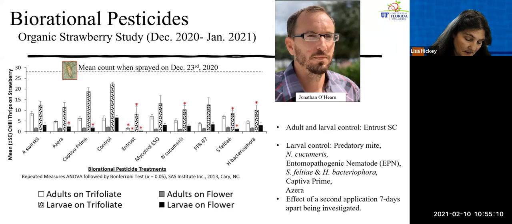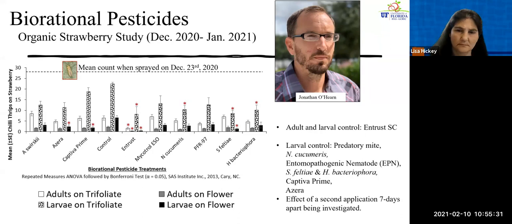As we all know, December has been a cold month, and so has January, and cucumeris tends to be a better suited predatory mite species compared to swirskii under such cold climate. Another promising biorational pesticide was the entomopathogenic nematode product.